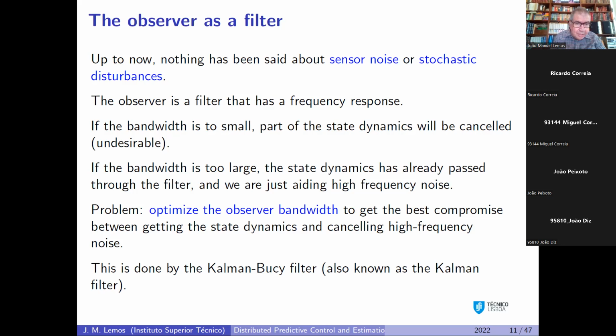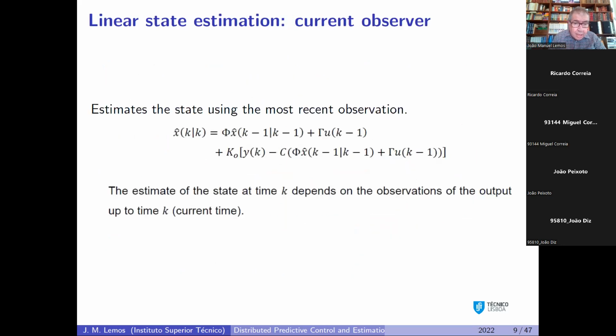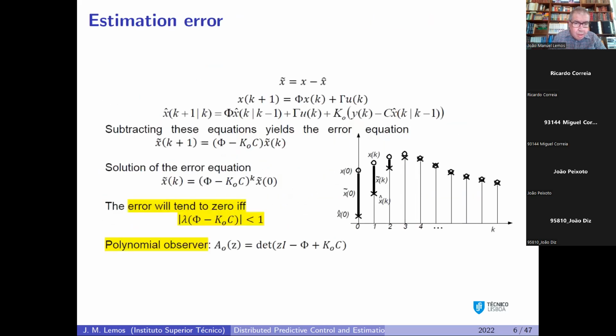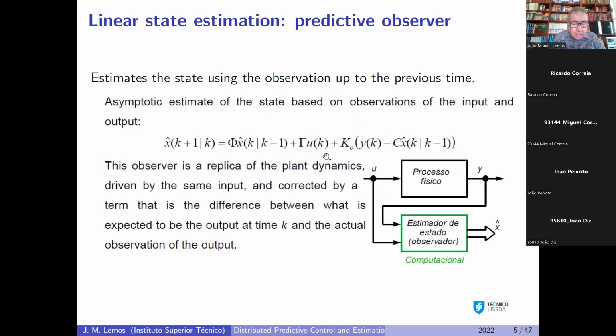There is a compromise. And how do you adjust the observer bandwidth? You adjust the observer bandwidth by adjusting the observer gain. For instance, in the predictive observer, you have to select this KO, and this KO depends on whether the error goes to zero faster or slower.